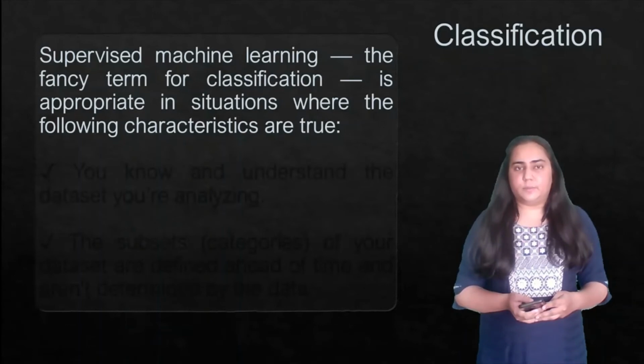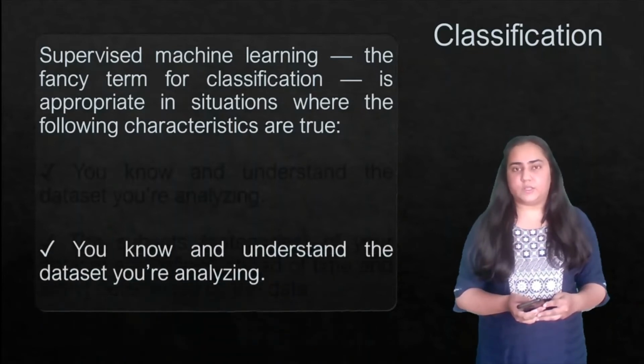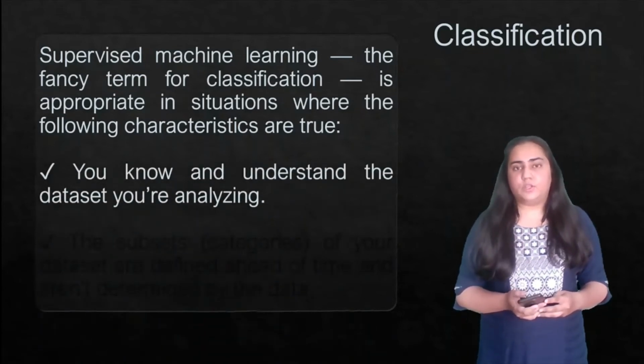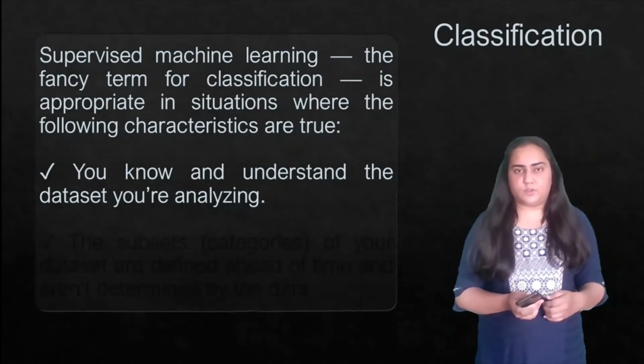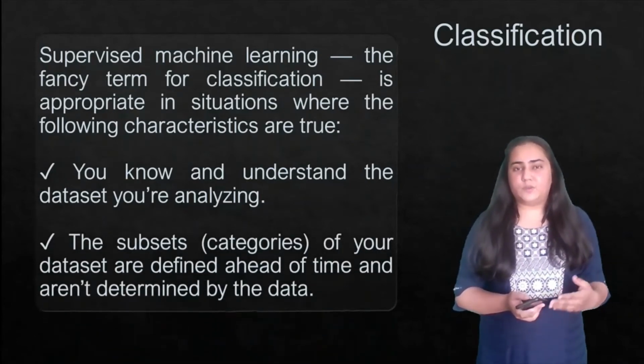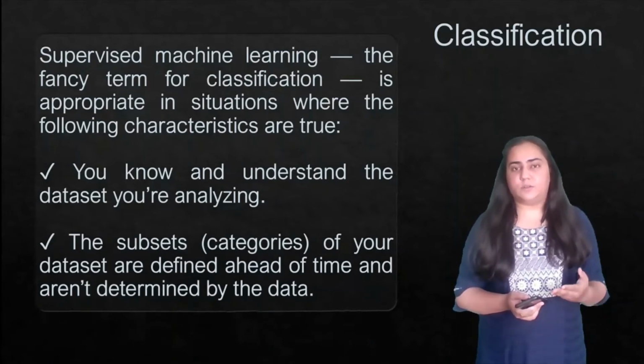Supervised machine learning, which is the fancy term for classification, is appropriate in situations where the following characteristics are true. You know and understand the data you're analyzing, which is the same as clustering. The subsets or categories of your data set are defined ahead of time and aren't determined by the data.